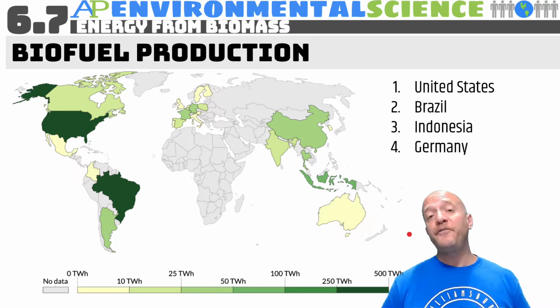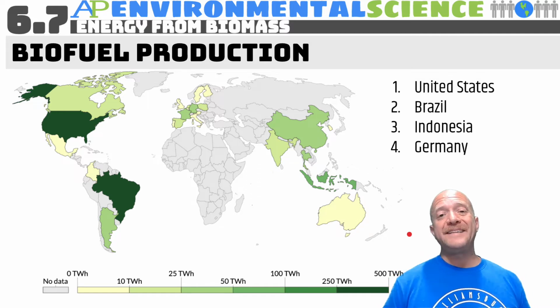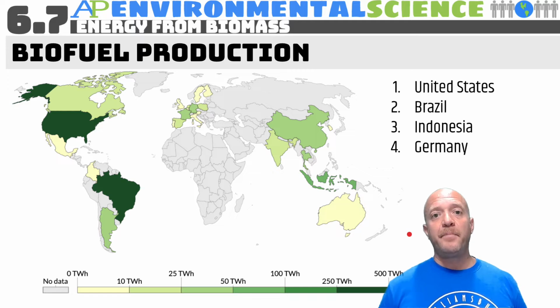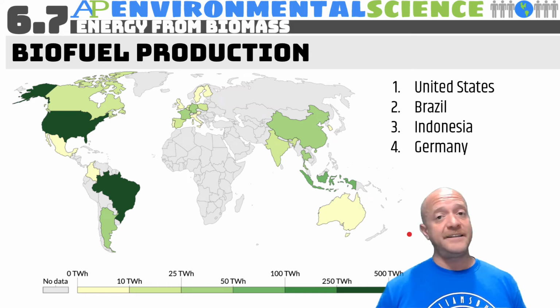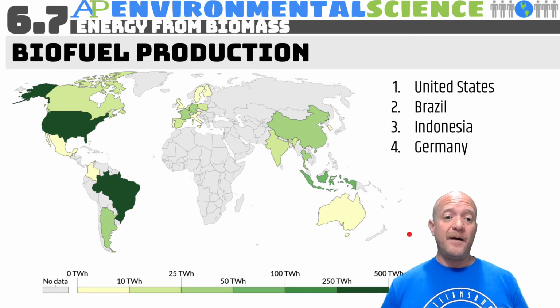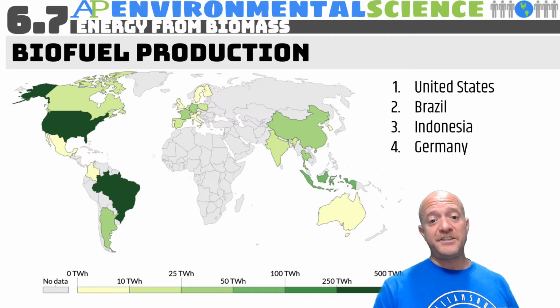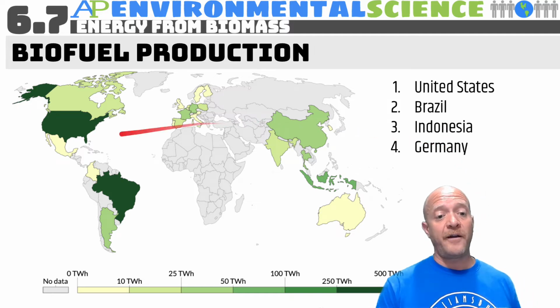Now, biofuels are obtaining a source of energy, typically like a substitute for petroleum. So we're gaining something from crops that we are producing. And of the world leaders in biofuel, the United States is number one by far. Brazil is actually number 2, Indonesia number 3, and Germany number 4.